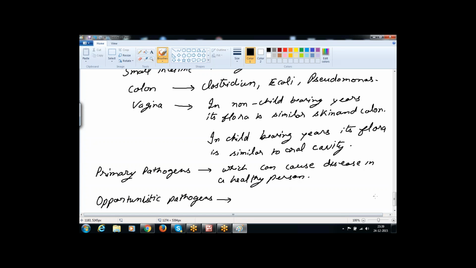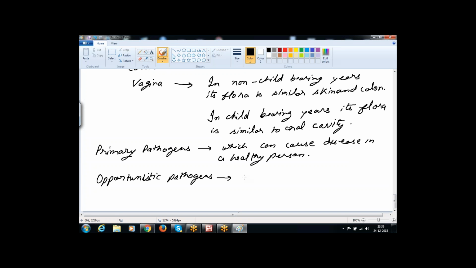they cannot cause disease in a healthy person, cannot invade a healthy person, but cause disease in an immunocompromised person.